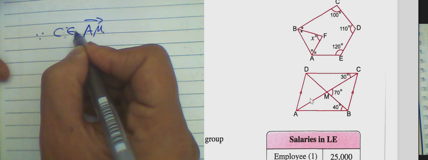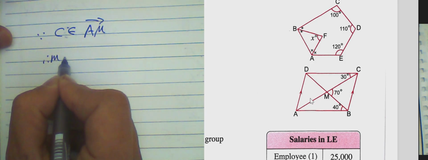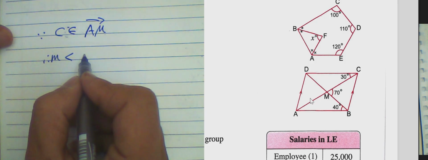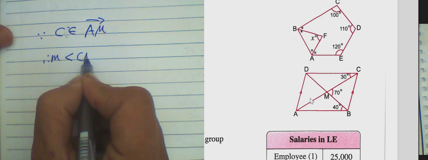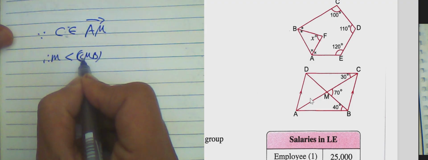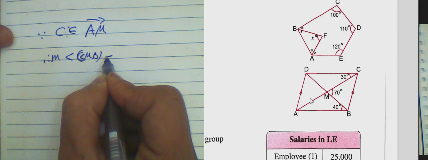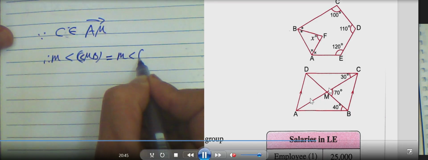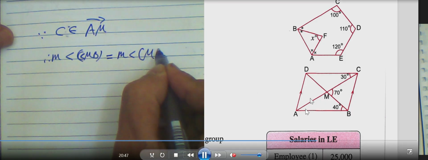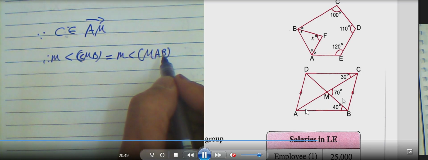We have C pointing to the ray AM. Then the measure of angle CMB equals the measure of angle MAB plus the measure of angle MBA.